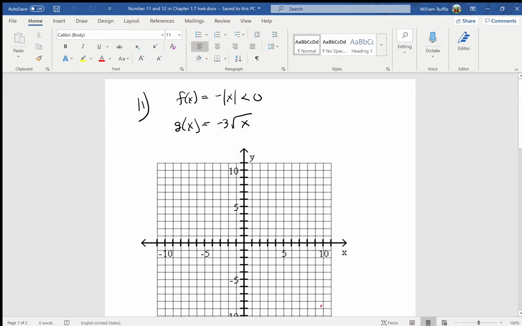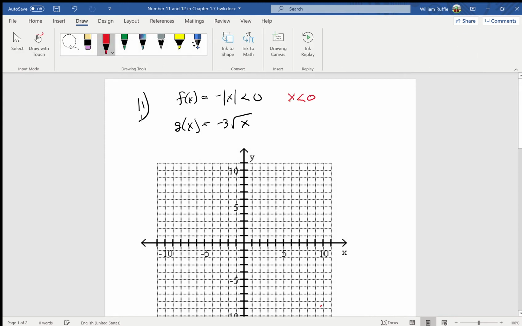When x is less than 0, we're going to be doing the negative absolute value of x. And when it's negative 3 square root of x, that's going to be x is greater than or equal to 0. So now the first part here, negative absolute value of x for x less than 0. Remember, the absolute value graph is normally just the V-looking one.